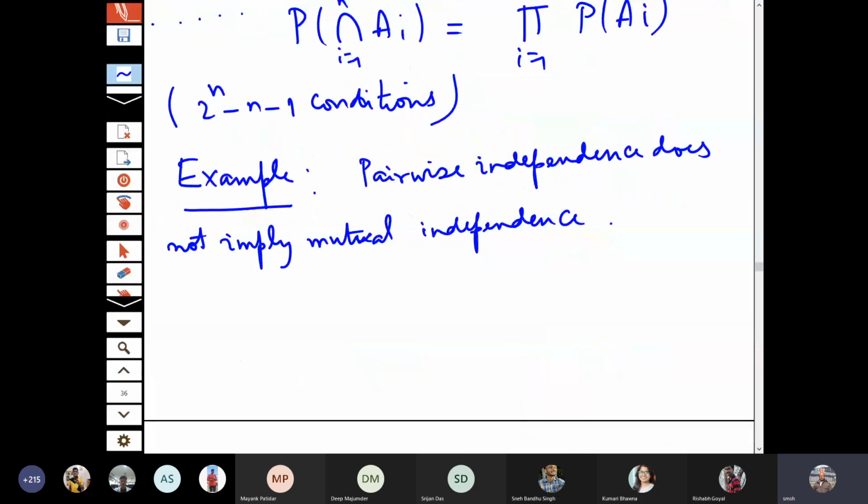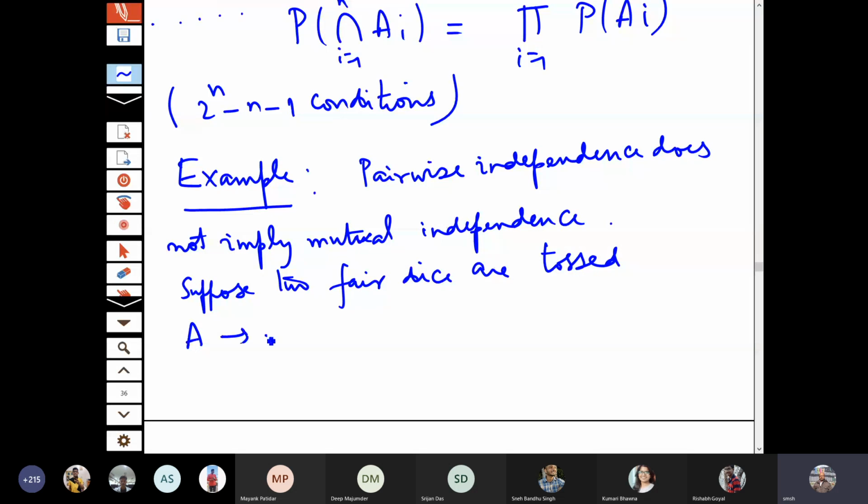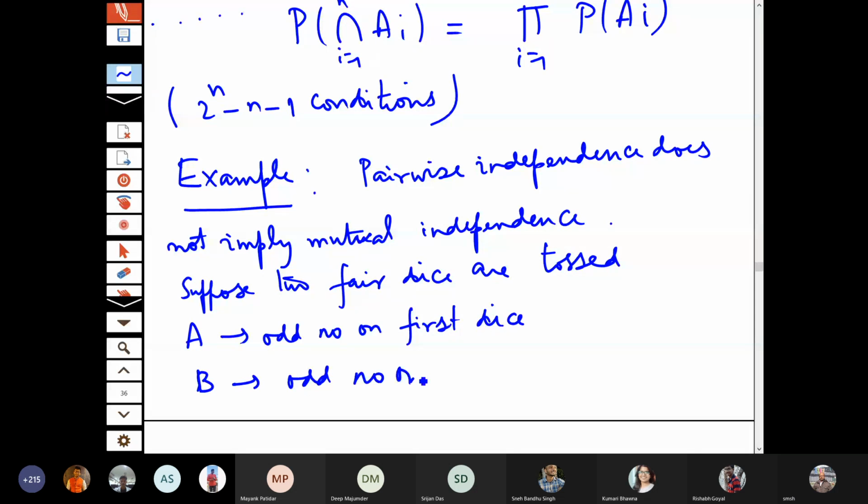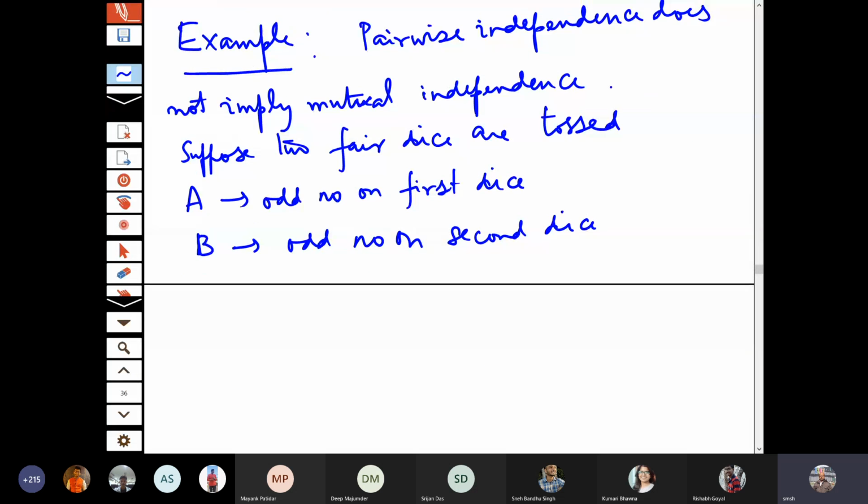Let us take, say, suppose two fair dice are tossed, and we have A as the odd number on first dice and B is suppose odd number on second dice, and C is, say, sum is odd.